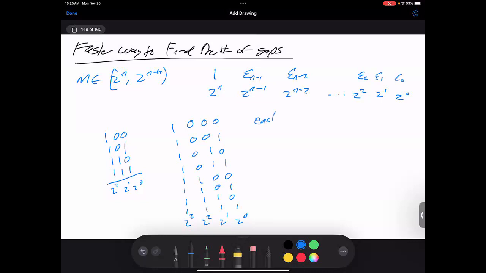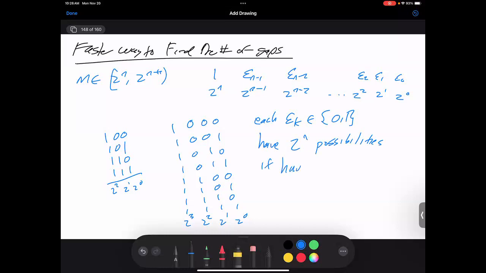So each epsilon_k is freely in {0, 1}. So how many possibilities do we have? Why 2^(n-1)? 2^n, we start counting at 0. So we have 2^n possibilities.